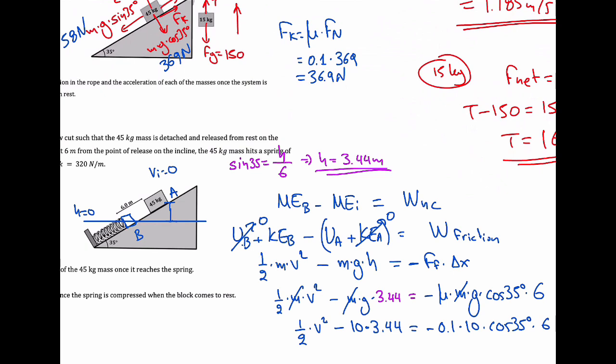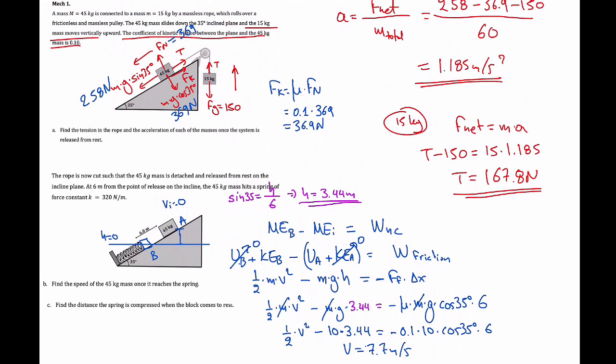Now you will give me a minute to try to calculate this. So from this, I find that the answer is approximately 7.7 meters per second. So the velocity just before we hit the spring is 7.7 meters per second.